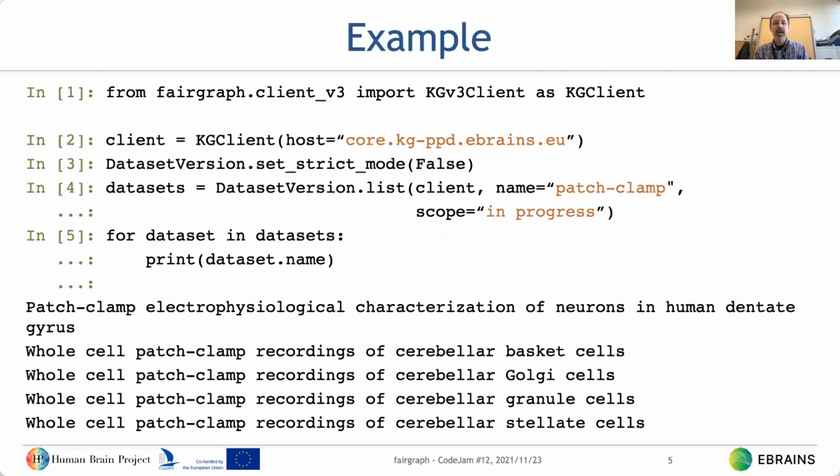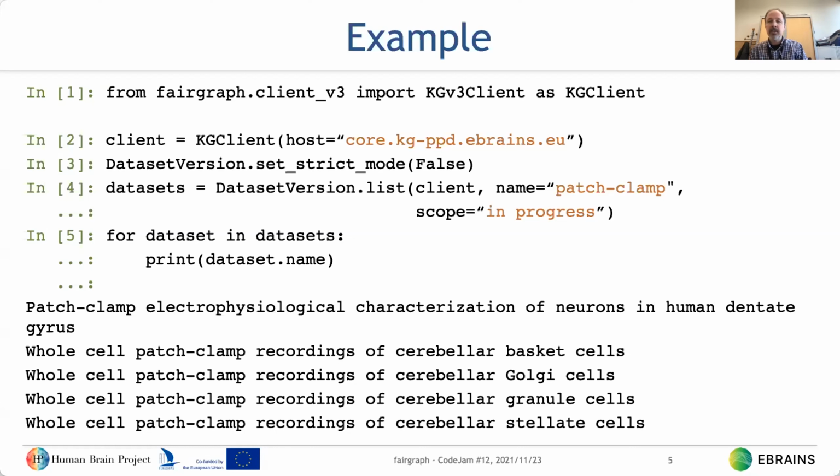So how this looks in practice is, from fairgraph.client version 3 here, we import our knowledge graph client object. We initialize it, telling it which knowledge graph API we wish to use. By default, and here I'm using the pre-production version rather than the production server.